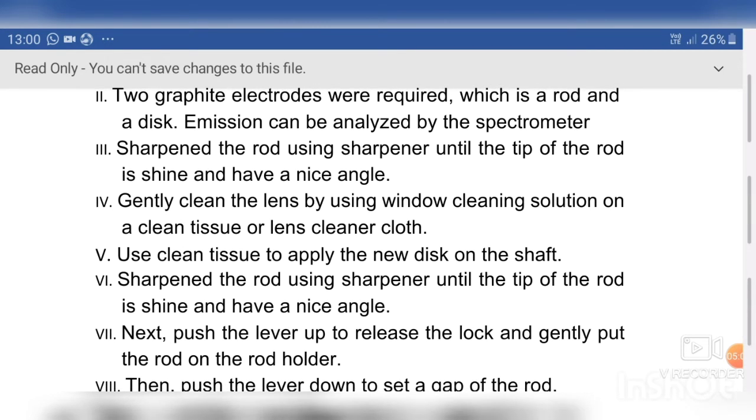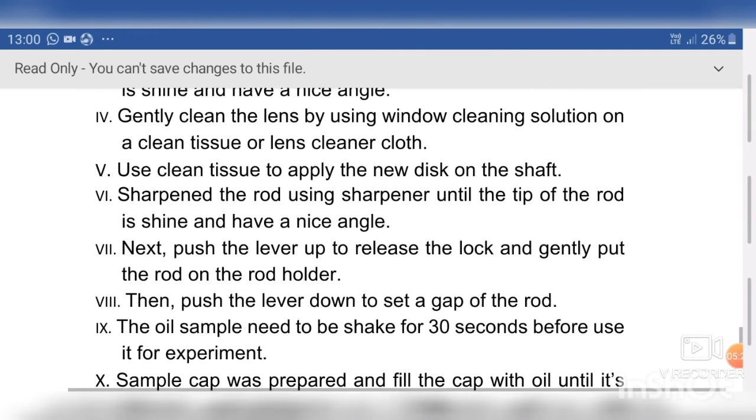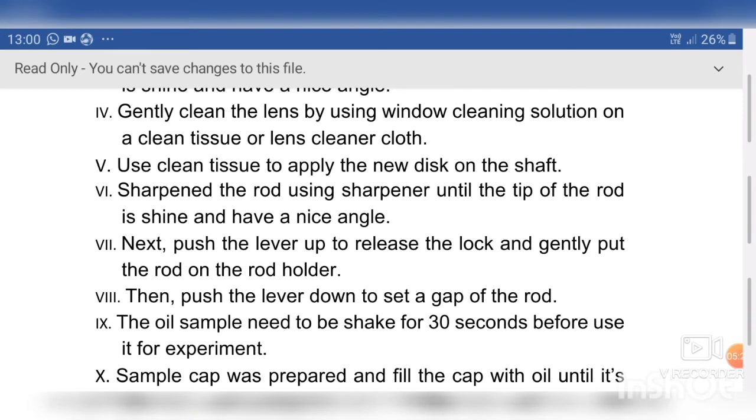Next, gently clean the lens using windows cleaning solution on a clean tissue or lens cleaner cloth. Next, use a clean tissue to apply the new disc on the shaft and sharpen the rod using the sharpener until the tip of the rod is shiny and has a nice angle.